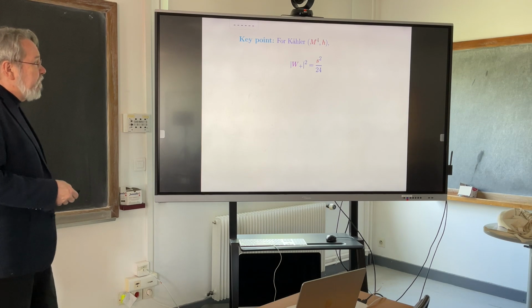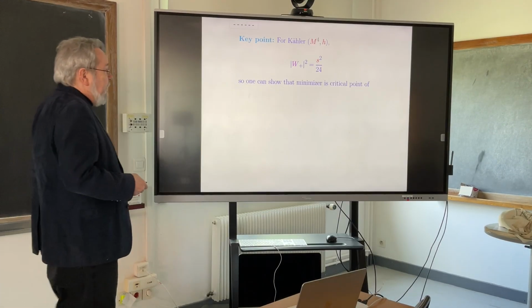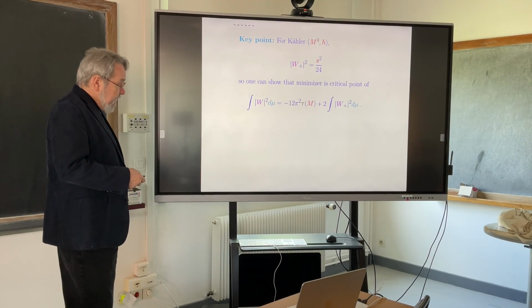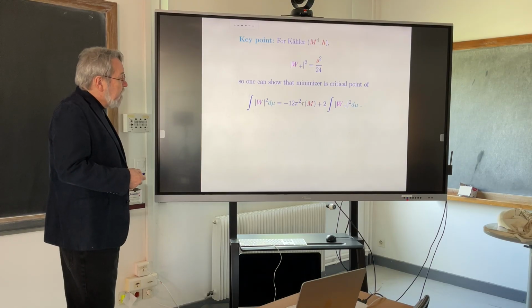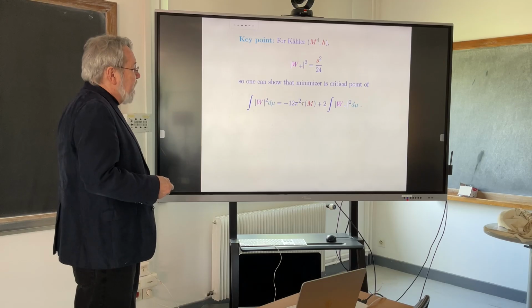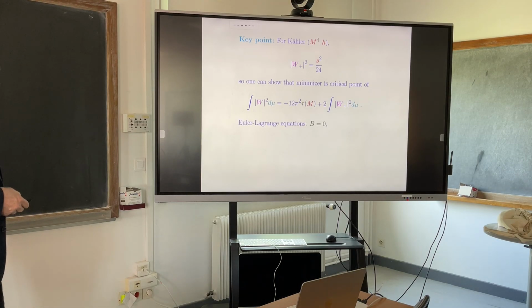There's this relationship between W plus squared and the scalar curvature squared that's true for any Taylor metric in dimension 4. So if you're trying to minimize the L2 norm of the Weyl curvature, well, that turns out basically to be the same as, up to a topological term, which is minus 12 pi squared times the signature, twice the integral of W plus squared.